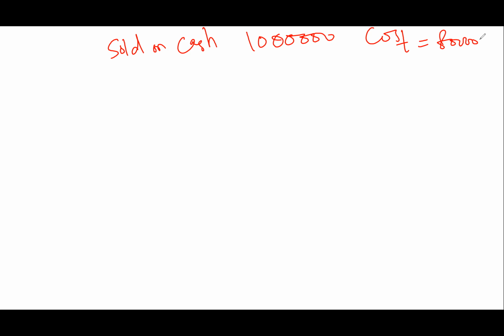So what is the entry of the sales? Number one, cash sales: cash increases, sales increase. Cash is an asset, asset increase, debit. Entry would be from debit to credit. So here, cash to sales, 100,000.